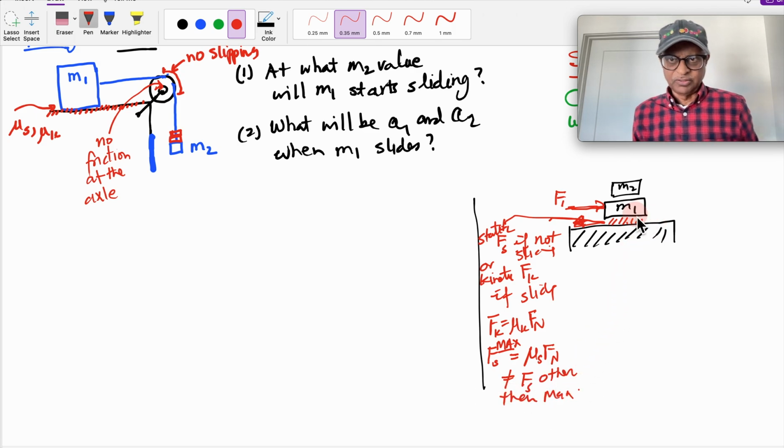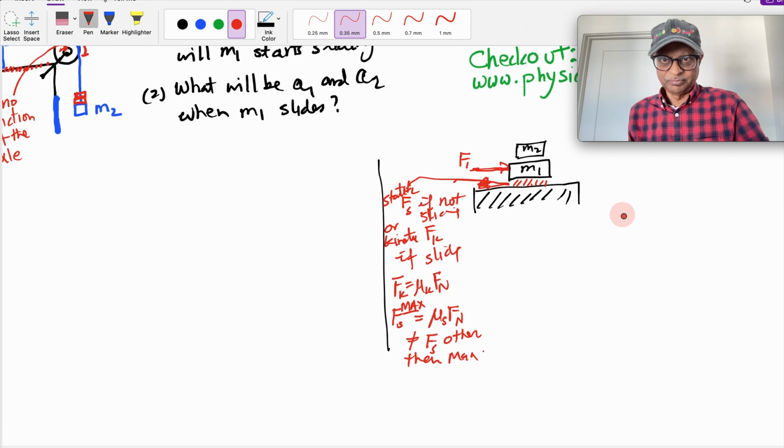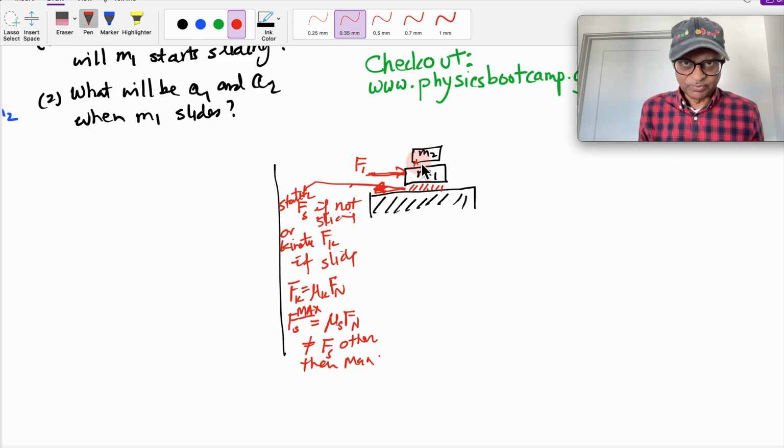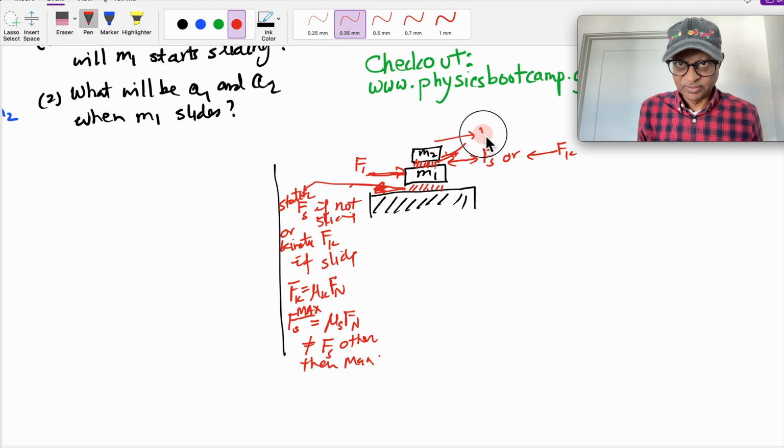Okay, so let's work out here. And then there's the same situation here. So this surface can have static friction in either direction, or kinetic friction if it moves in that direction.